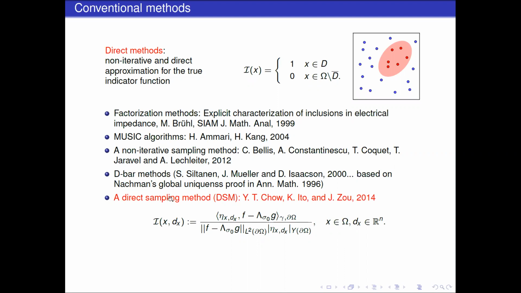We assume only limited Cauchy data pairs are available. So here we are particularly interested in the direct sampling method developed by Yaten Zhou, Professor Quadrupomito, and Professor Junzo.